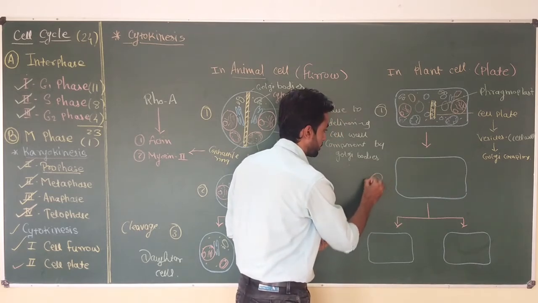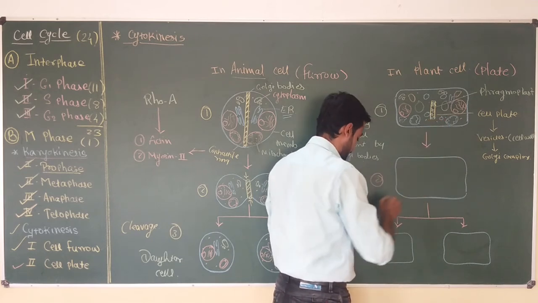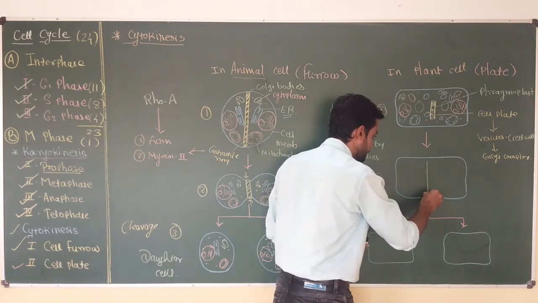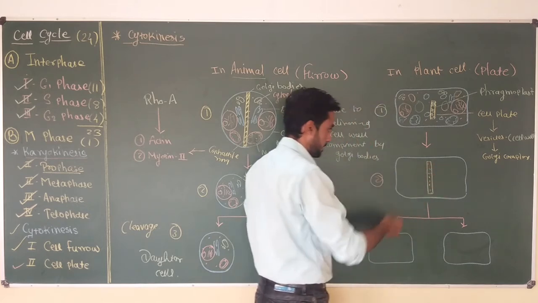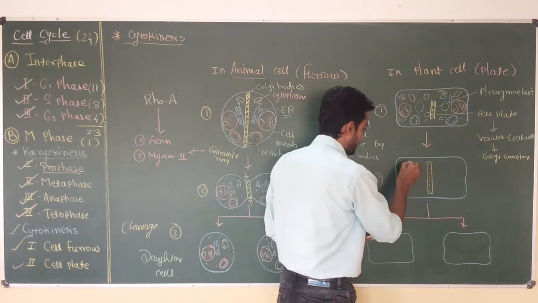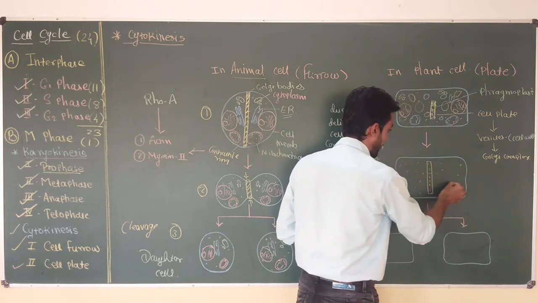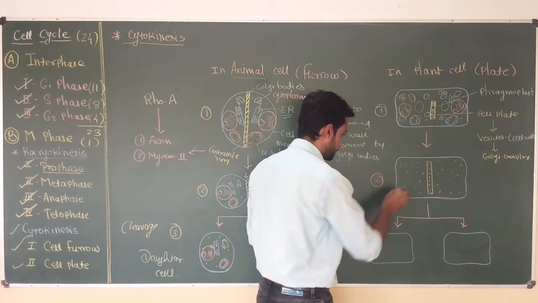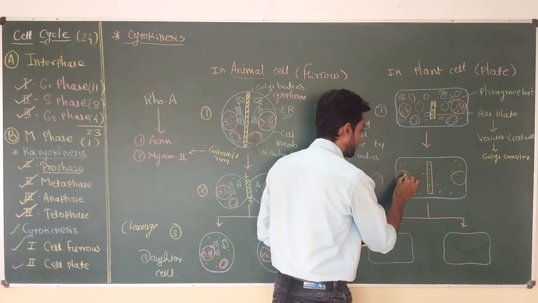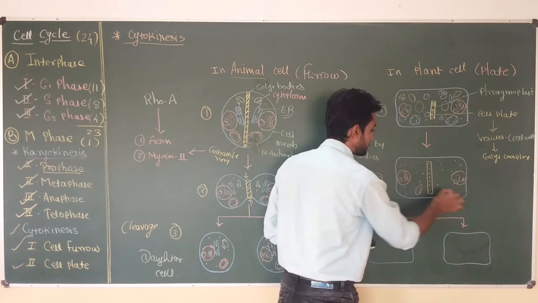Okay, now in the next stage of cytokinesis in the plant cell, this phragmoplast increases in size at the center of the cell, which will again form two compartments, similar to the animal cell. Okay, this phragmoplast or cell plate is going to divide the cytoplasm and all other components of the plant cell, like the nucleus, into two equal parts.